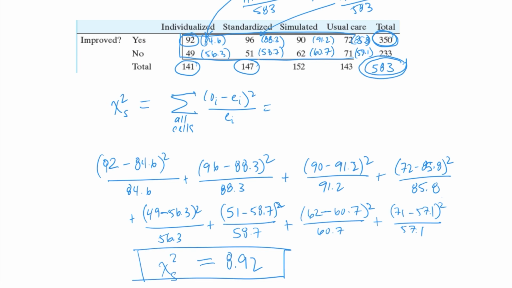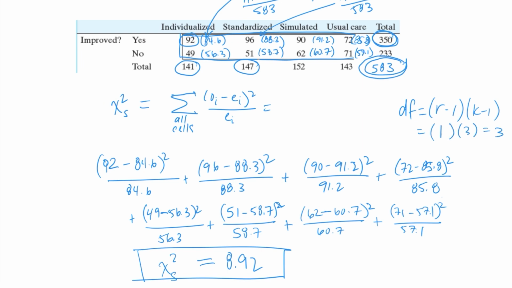There it is. That's what I'm going to have to take to the table. But as usual, before I go to the table, I've got to know the degrees of freedom that I'm looking up in the table. And for an R by K chi-squared table, the degrees of freedom is always going to be R minus 1 times K minus 1. I've got 2 rows, I've got 4 columns, so that works out to 1 times 3, or just 3.